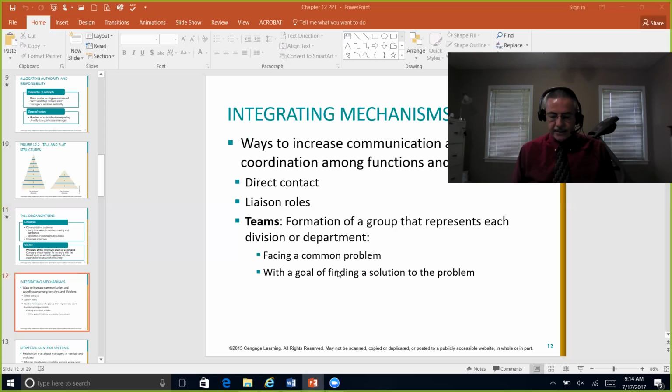In this case, they can do a more complex integrating mechanism called the team, where it may be more appropriate where one manager from each function or division is assigned a team that comes together to solve a specific mutual problem, and then those team members are responsible for reporting back to their specific subunits as they go about addressing some of those problems. So there's multiple ways in which these integrating mechanisms will work.